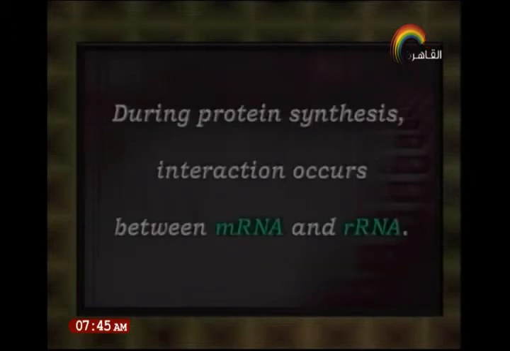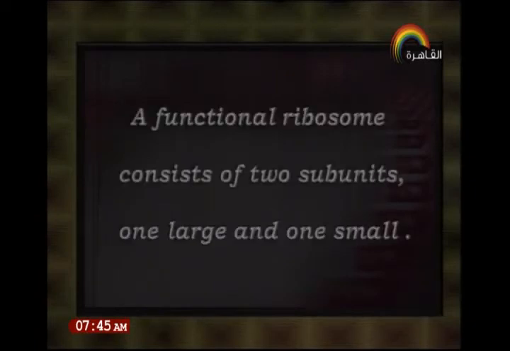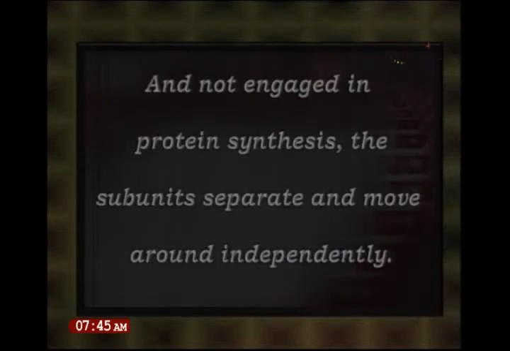During protein synthesis, interaction occurs between messenger RNA and ribosomal RNA. The functional ribosome consists of 2 subunits, one large and one small. When not engaged in protein synthesis, the subunits separate and move around independently.